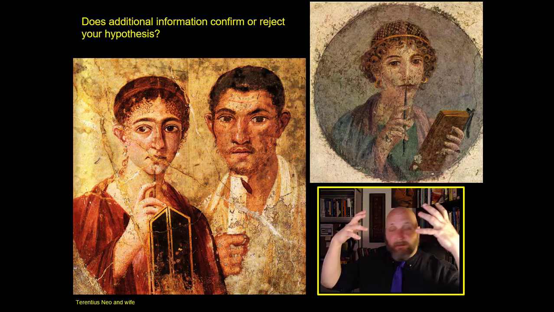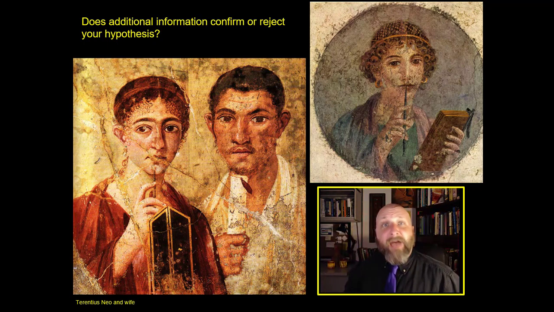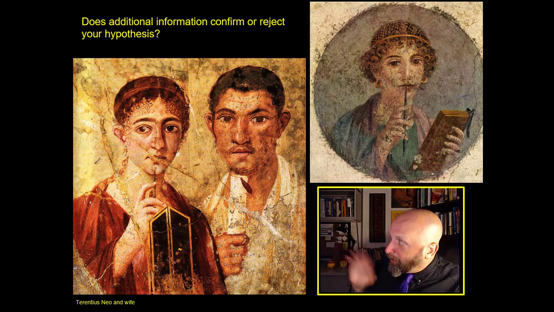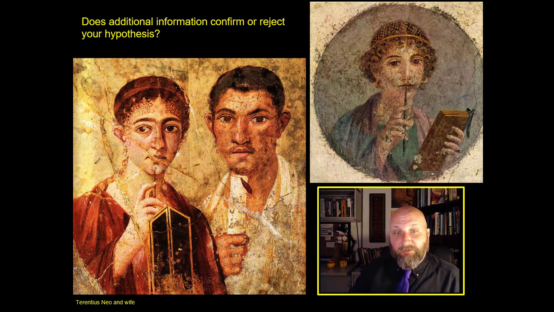Did they have them painted dressed up in their finery? Look at the portrait of Terentius Neo and his wife. Terentius Neo is holding a rolled scroll under his chin. His wife is holding a wax tablet and holding the stylus to her chin.